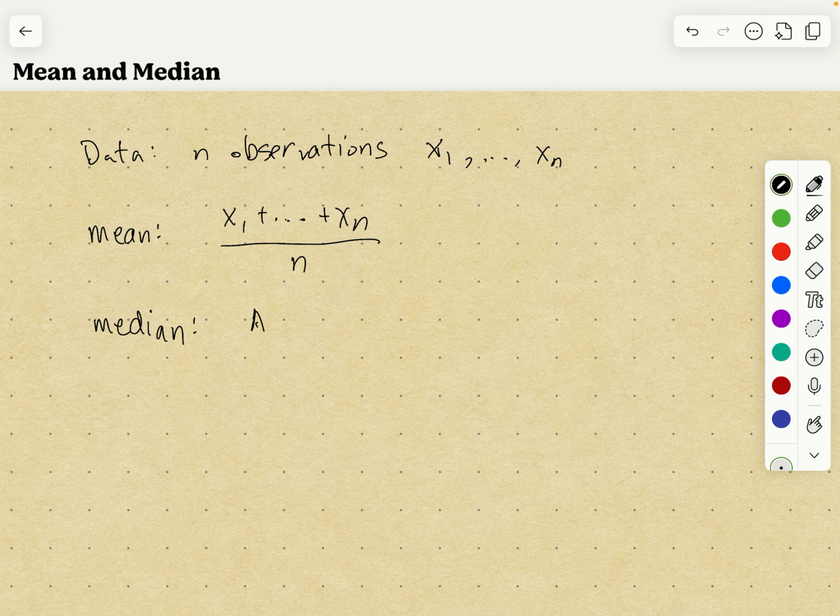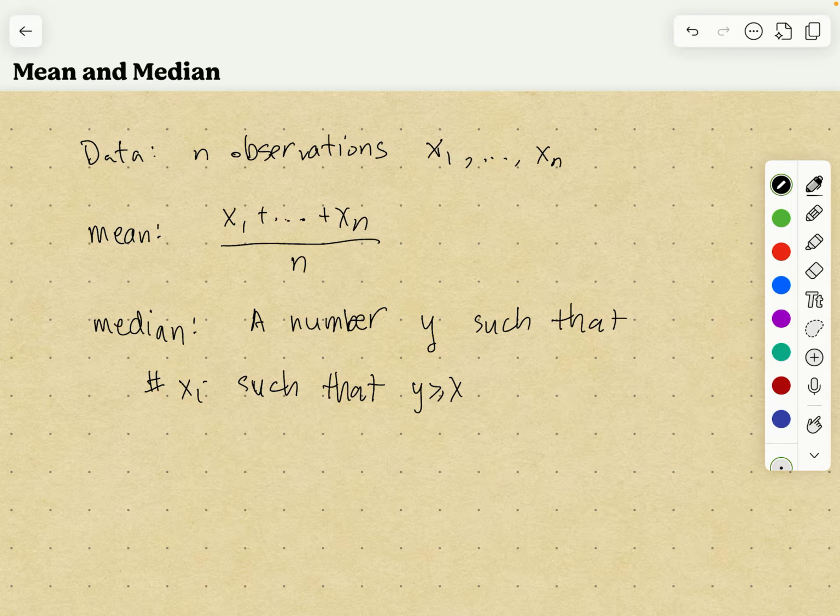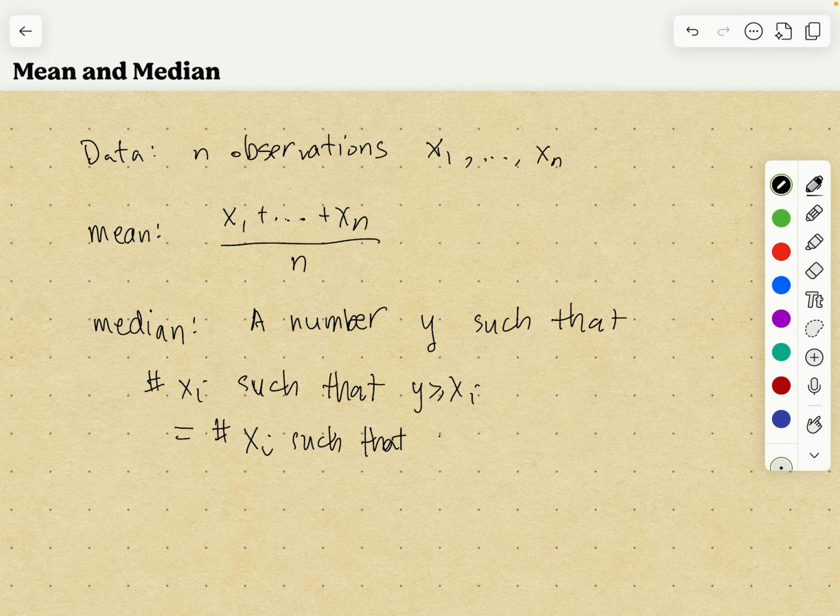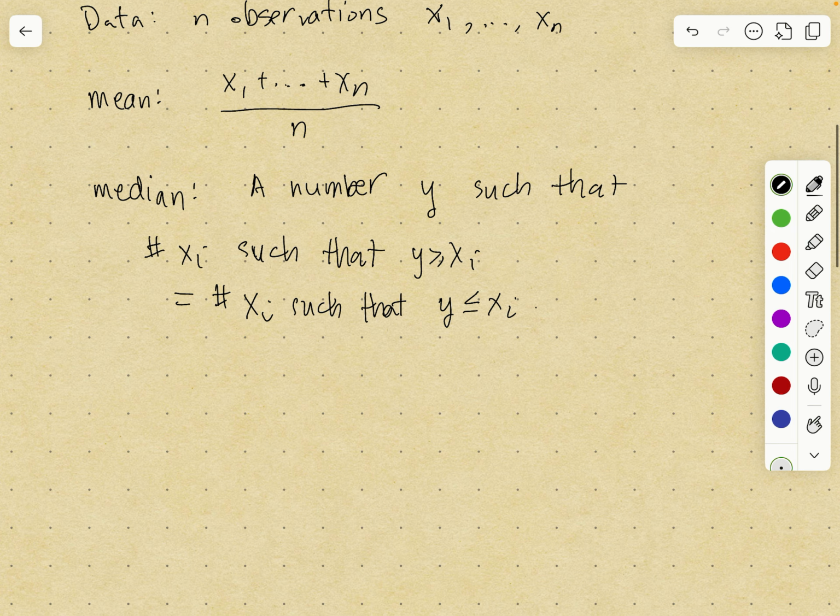It's a number y such that for half of the numbers, the number of xi's such that y is greater than xi is equal to the number of xi such that y is less than or equal to xi. Now this may be slightly different than the definition that you're used to.